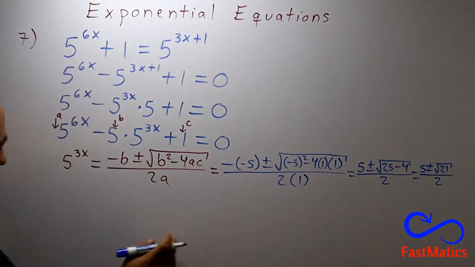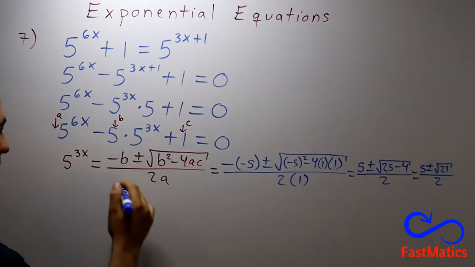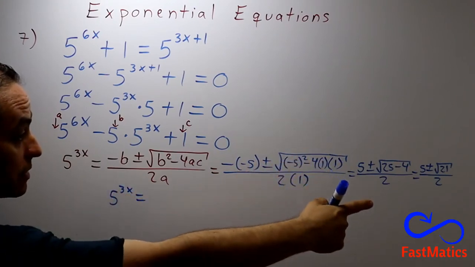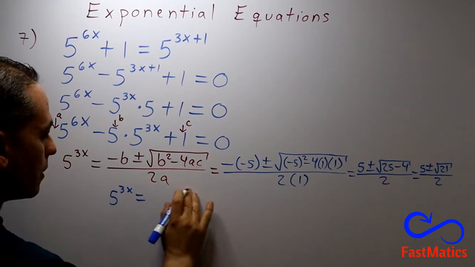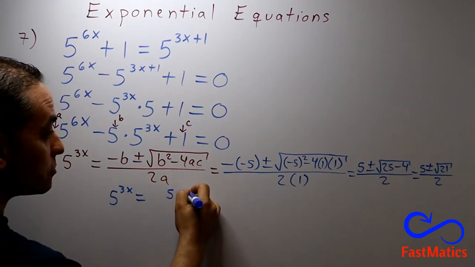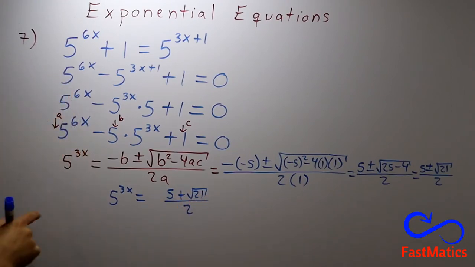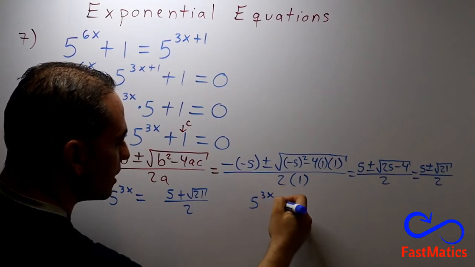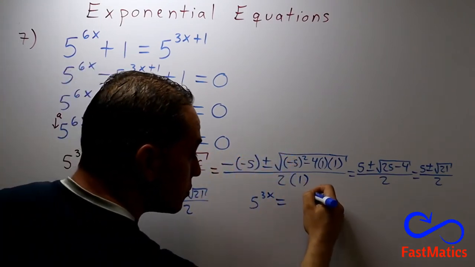So we have two possibilities. 5 to the power of 3x will be equal to that expression with the positive sign, 5 plus the square root of 21 divided by 2, and also 5 to the power of 3x will be equal to that expression with the negative sign.